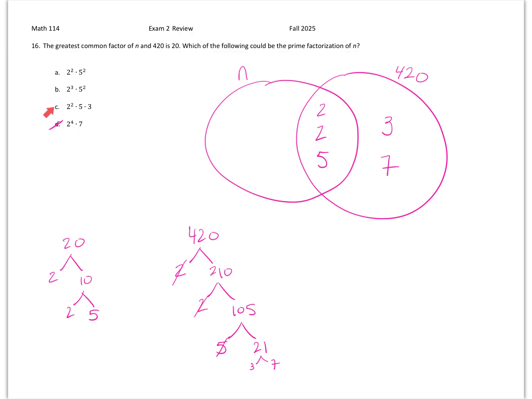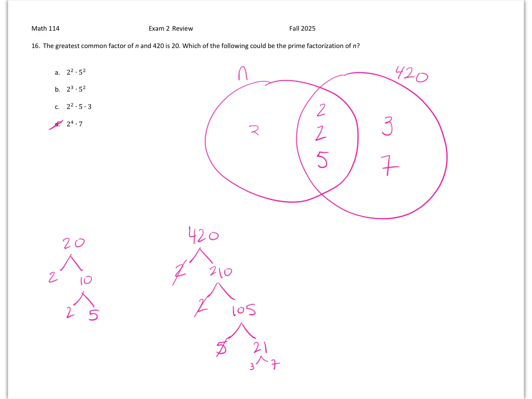So C, 2 squared times 5 times 3. That means that I would have to put a 3 here. But if I put a 3 here, and there's already a 3 over here, this 3 doesn't belong here and this 3 doesn't belong here. They both belong in the overlap, which means that the greatest common factor would not be 20. So I can't put a 3 here because there's already a 3 here, and if there's a 3 here and here, it belongs in the middle.